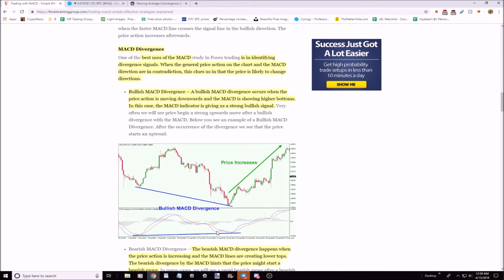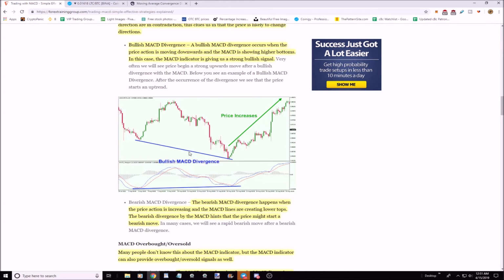So you've got an upslope and a downslope. The easy way I remember is you always go by what the indicator is showing. Down in the MACD area, you've got an upslope, and so it's bullish. Upslopes are bullish, so it's bullish MACD divergence. Then bearish would be the opposite.